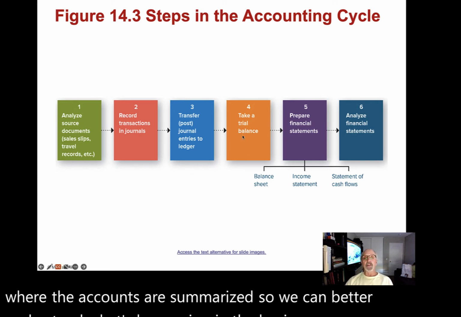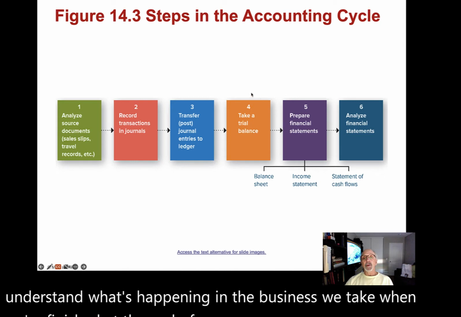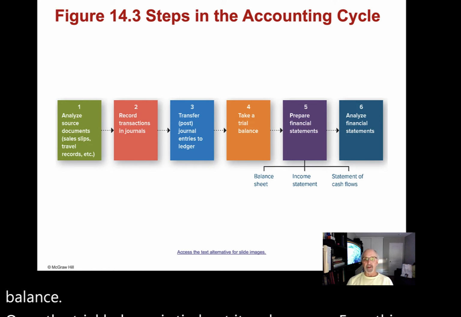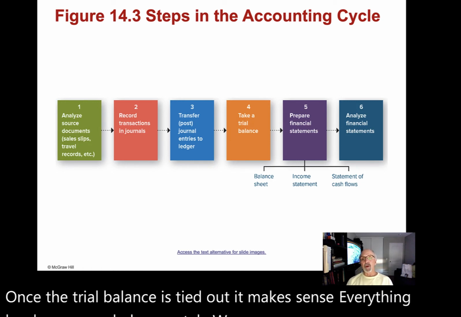When we're finished at the end of a period, we add up the balances of all those ledger accounts, and that becomes what's called the trial balance. Once the trial balance is tied out, it makes sense, everything has been recorded accurately, we can then create the financial statements from the trial balance.